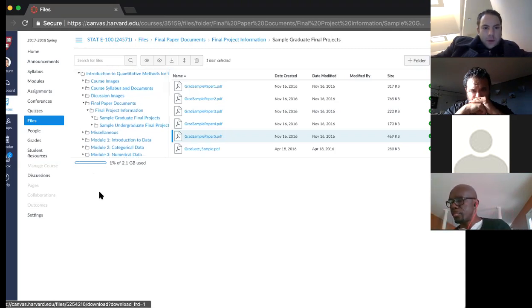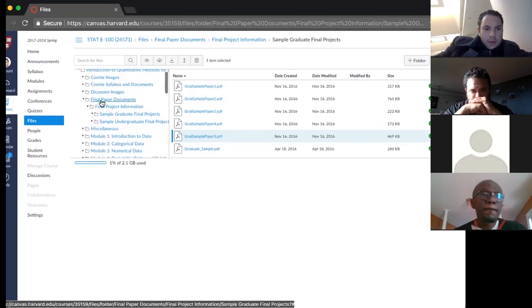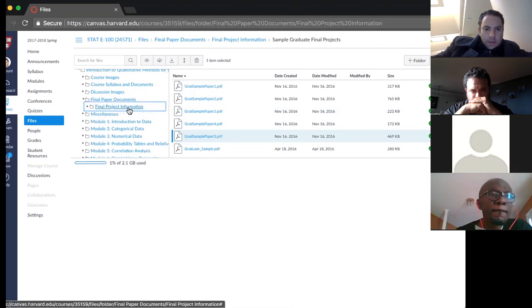If you just go on the course website under Files, there's a folder called Final Paper Documents, and under it, it will give both the guidelines, and also some example papers, both for undergraduates and for graduates.